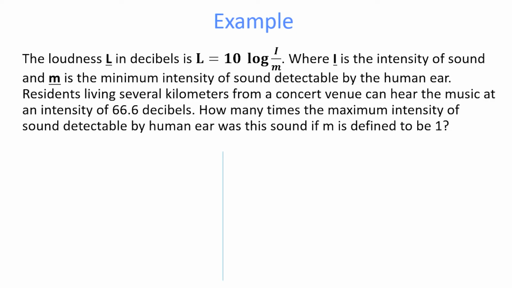Residents living several kilometers from a concert venue can hear the music at a loudness of 66.6 decibels. How many times the minimum intensity of sound detectable by the human ear was the sound if m is defined to be 1?